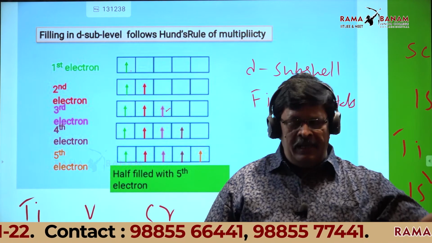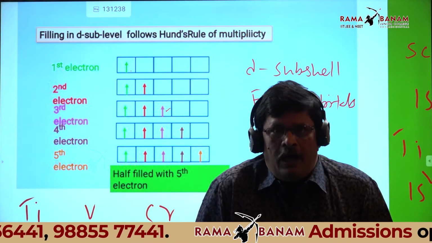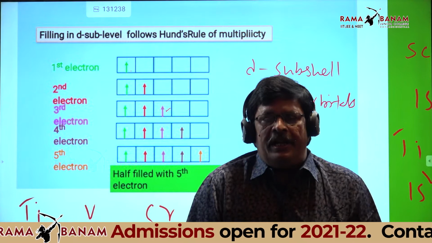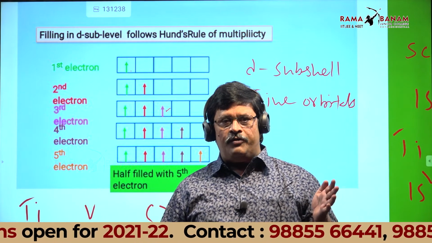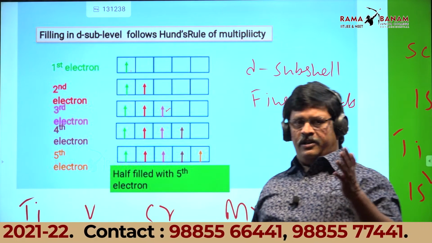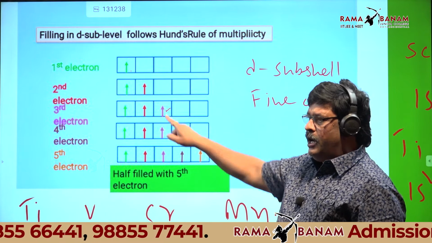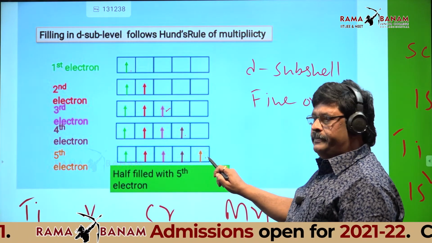Hund's rule: in degenerate orbitals, meaning orbitals having the same energy, pairing of electrons takes place only after all the orbitals are half filled. So the third electron enters the next orbital, the fourth electron into the next, the fifth into this.